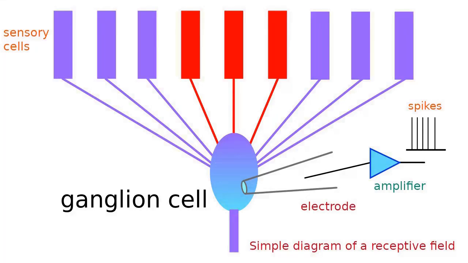This schematic diagram illustrates the receptive field of a ganglion cell, which consists of an excitatory center and an inhibitory surround. Signals from the central area trigger excitation, while signals from the surround induce inhibition of the ganglion cell.